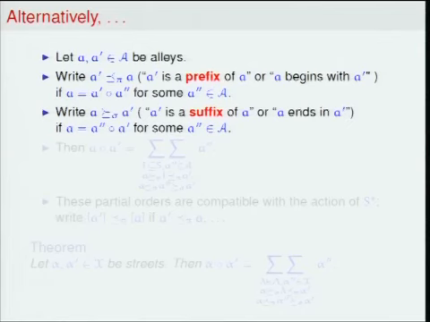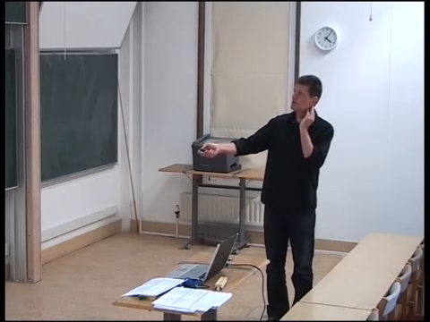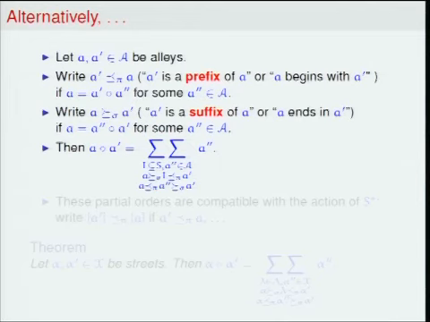Using these partial orders, the product of two paths in a path algebra can be described as a double sum over the vertices on the one side and all paths on the other side, with the property that the two paths to be multiplied must meet in one of these subsets L, and on the other hand, A must be a prefix of the summand, and A dashed must be a suffix.